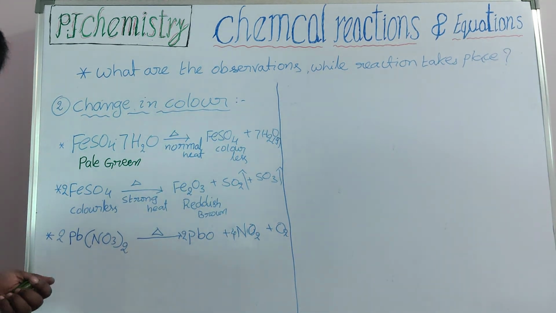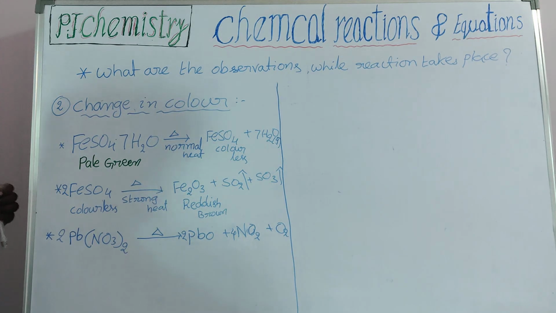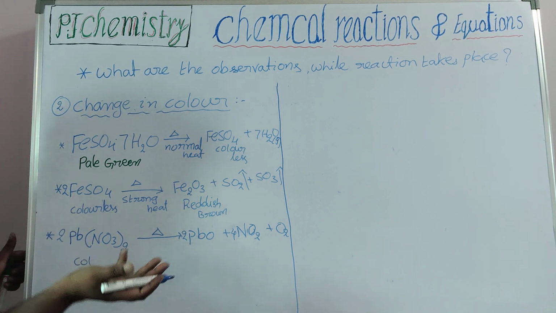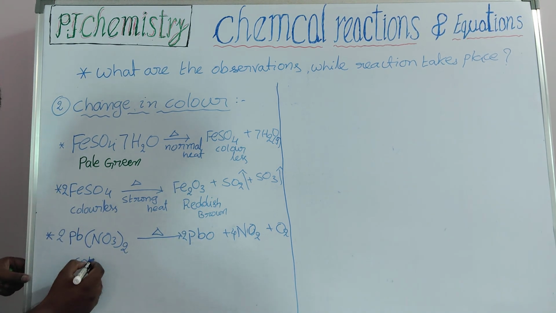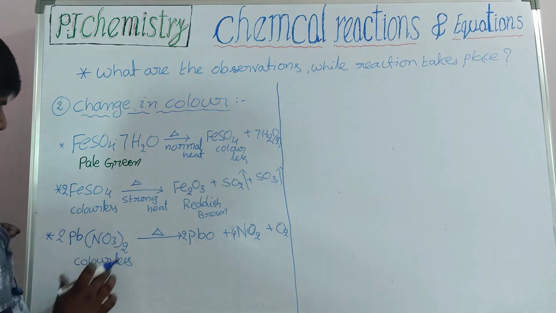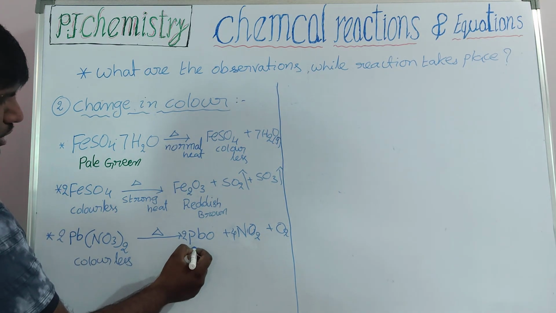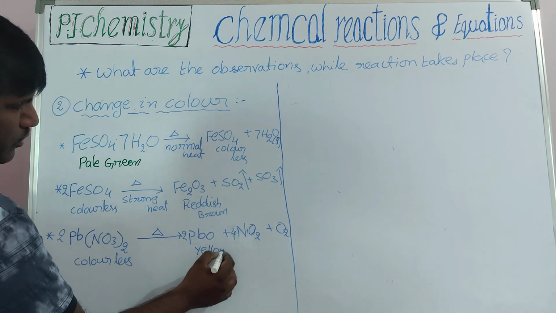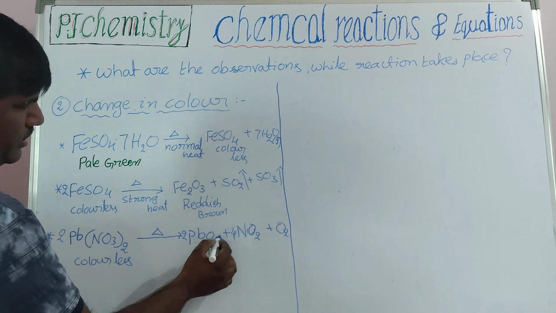About balancing, we will do one more video, and there you will get clarity. Lead nitrate is a colorless salt, which means it appears white. When we give heat, it turns into yellow color, a yellow residue forming in solid state.